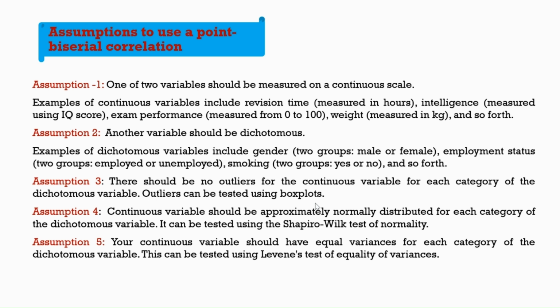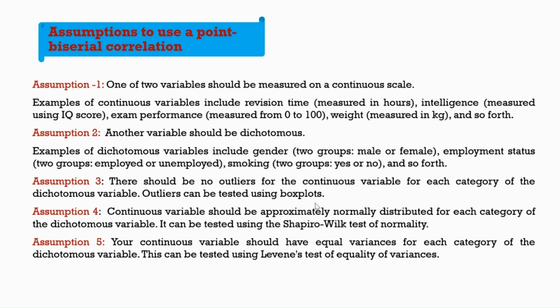The fourth assumption is that the continuous variable should be approximately normally distributed for each category of the dichotomous variable. It can be tested using the Shapiro-Wilk test of normality, and this test can be run with the help of SPSS software. We can check this assumption using SPSS, which we will discuss in another lecture, not here.